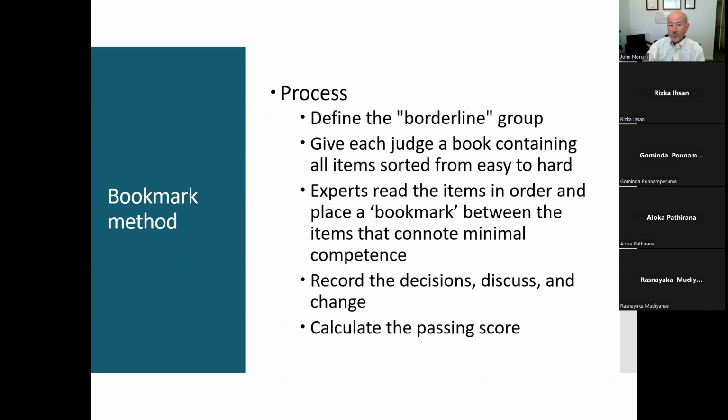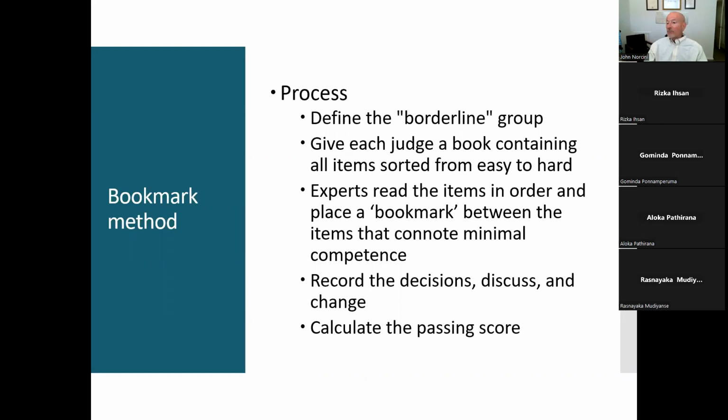So actually, IRT comes in only to find the difficulty of the questions. Thereafter, it's a group process. When different people put different bookmarks, you have to decide where the group bookmark is, right? Exactly. So it ends up being just like Angoff or Ebel, because you ask everybody to talk about where they put their bookmark and why.